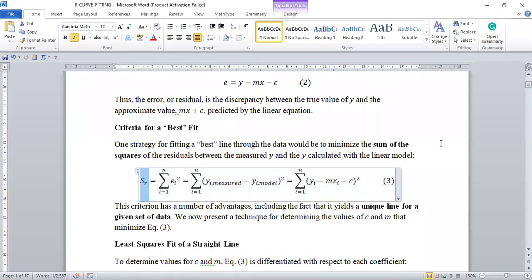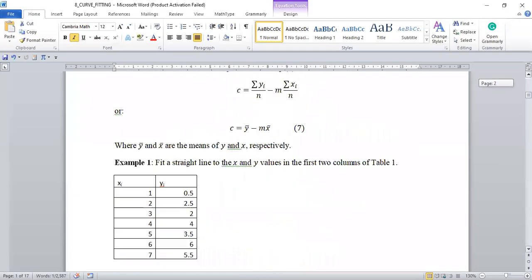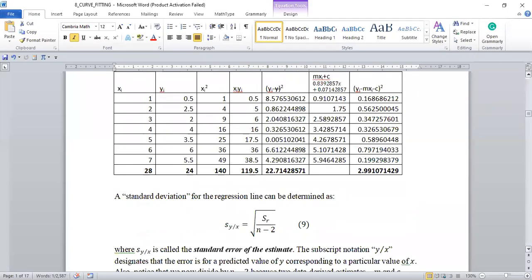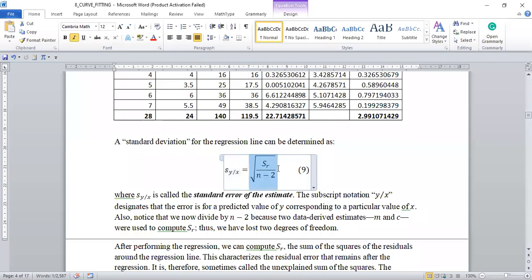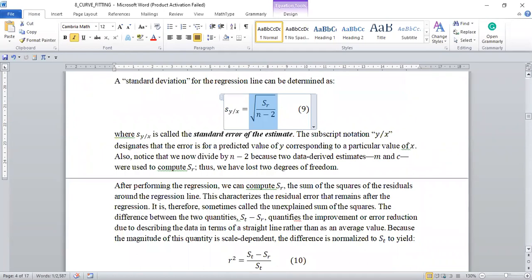This is where the SR came from, and in this question, this is the SR. So to quantify whether what we have done is very good or not, you measure the standard error of the estimate using this equation, and you will see how this value helps us quantify what we've done.